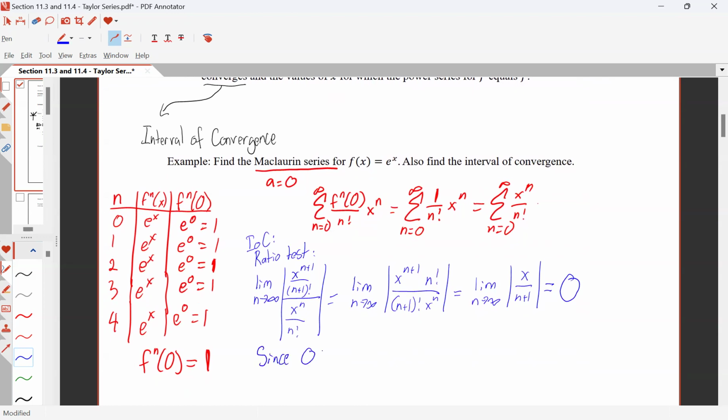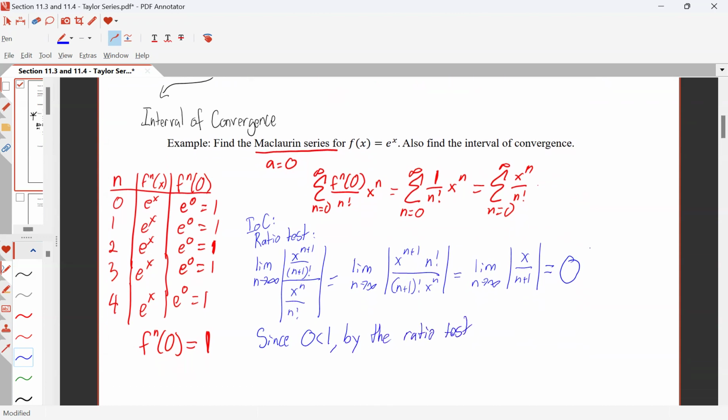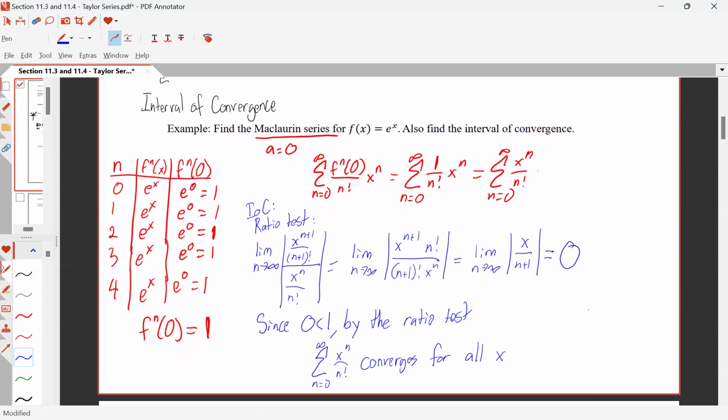Since 0 is less than 1, by the ratio test, the series n equals 0 to infinity x to the n over n factorial converges for all x, making the interval of convergence negative infinity to infinity.